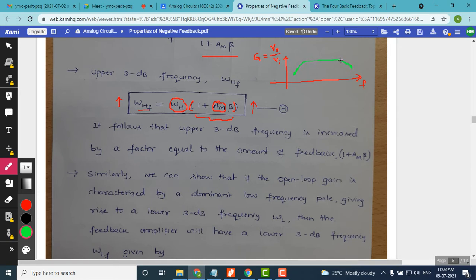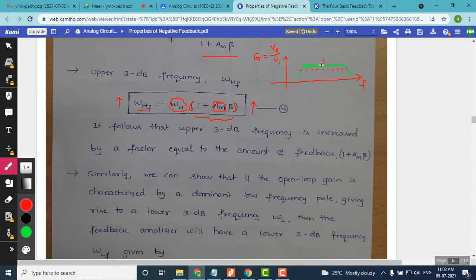It is going to be something like this. In the mid band, there is a flat region here, and the gain decreases at lower frequency, and it even falls at higher frequency. Okay. And this you can decrease by 3 dB. Let me show with the dotted line here.